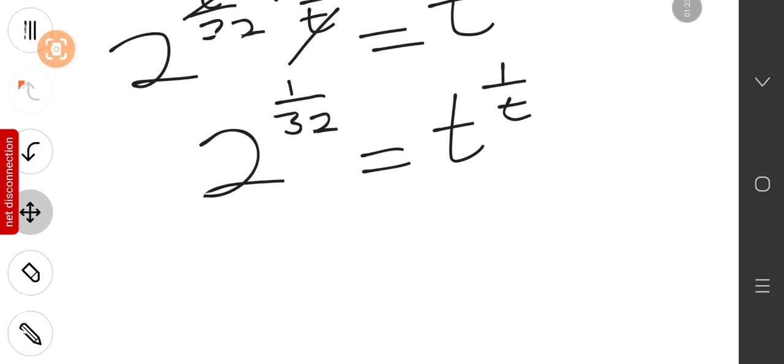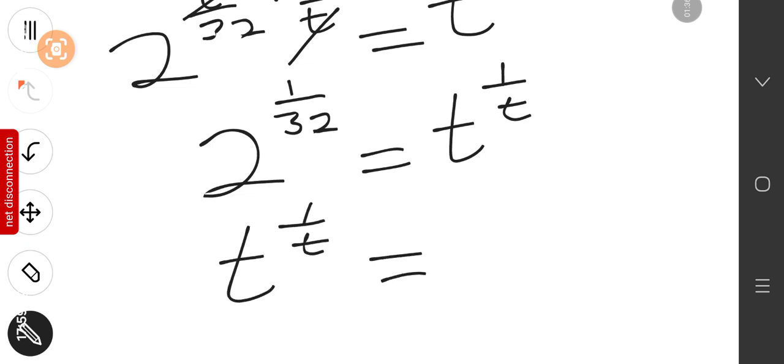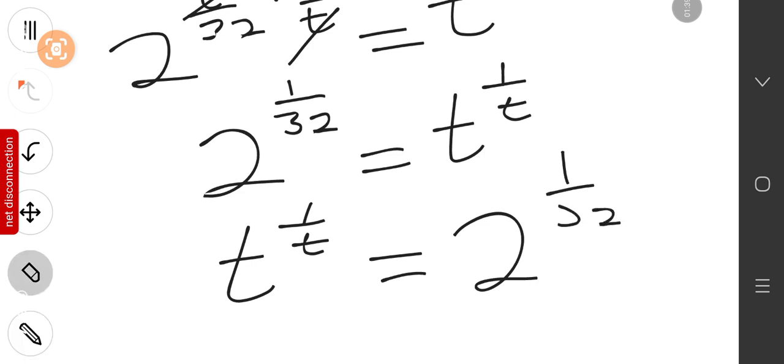All right, so this is what we have. Now let's transpose, or let's change the positions, or let's move t exponent 1 over t here, and then move 2 exponent 1 over 32 here, okay?